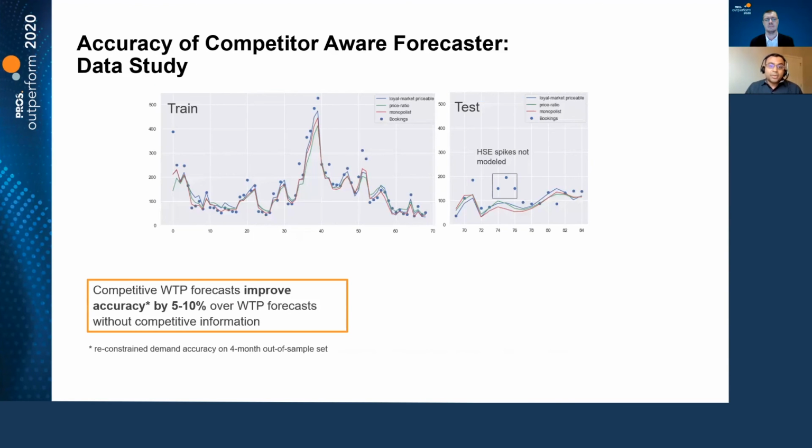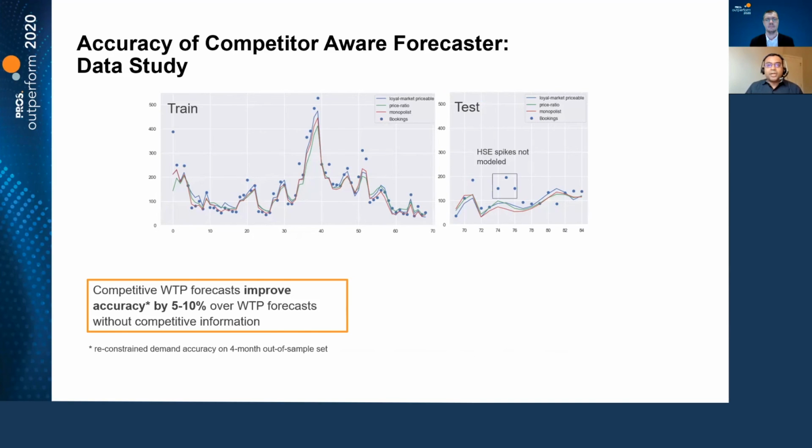And we have also tested this competitor aware willingness to pay model using a real airline data set from one of our airline partners. And we saw improved accuracy of about 5 to 10% over willingness to pay forecasts which do not take into consideration competitor prices.